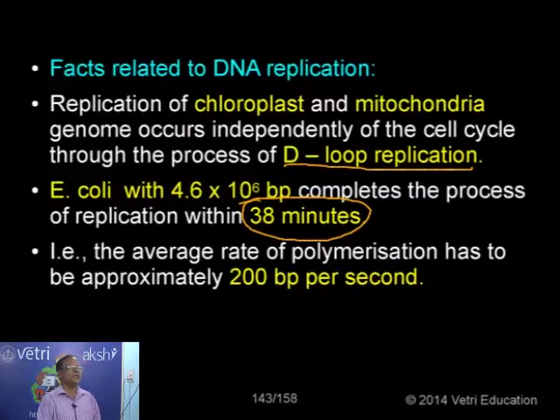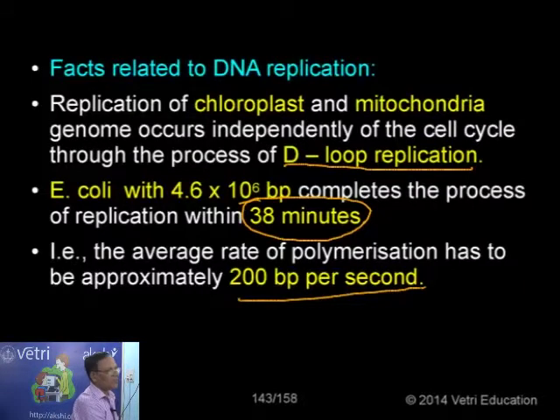Then what is the rate of the polymerization process? If it happens within 38 minutes, how many base pairs are polymerized in a second? The average rate of polymerization in E. coli, having 4.6 into 10 power 6 base pairs, is about 200 base pairs per second.